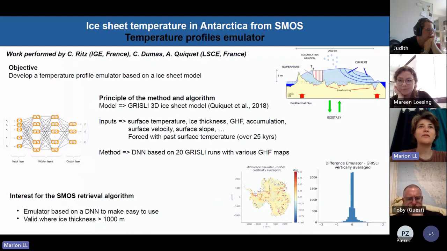I don't want to go into more detail because I'm just a user of this emulator, but if you have some questions, you can also ask Catherine. From the SMOS point of view, this emulator based on the neural network is very easy to use and very fast, and we can use it everywhere we have ice thickness above 1,000 meters.